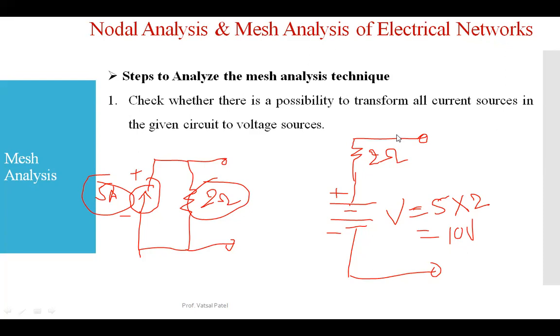Now, can you do the same thing in the reverse condition, if it is applicable, in another method? Can you transform the current source into the voltage source? Yes or no? You can again use Ohm's law also.